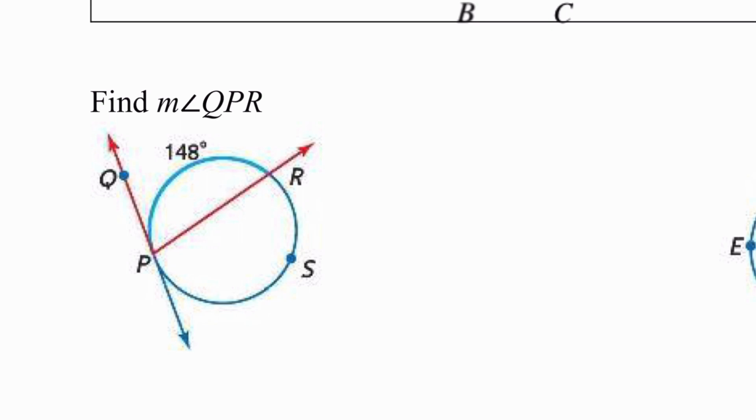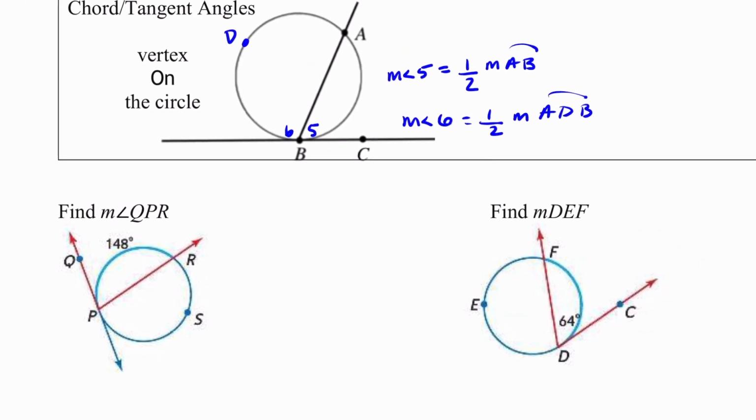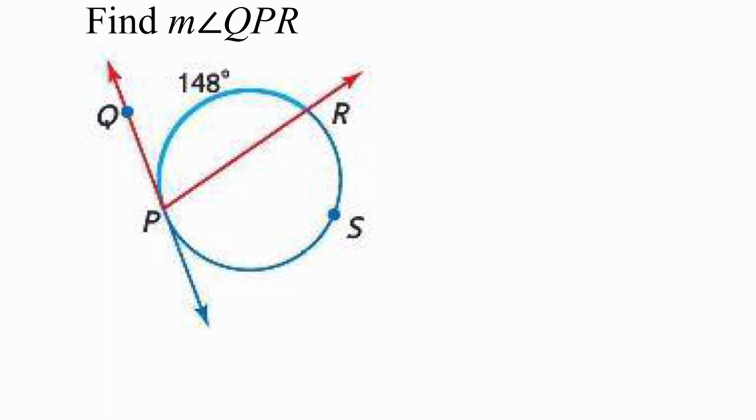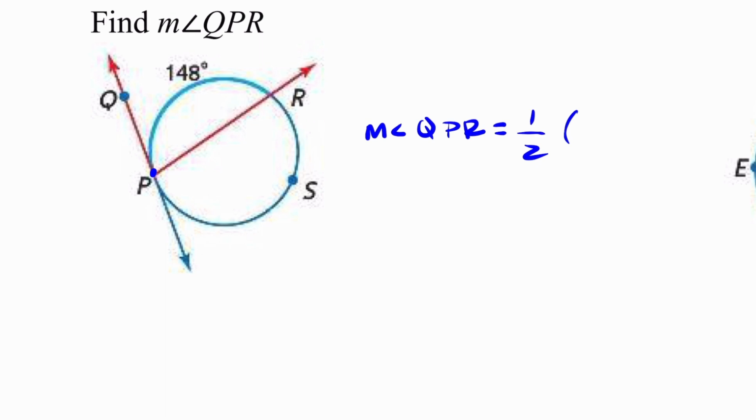Okay, so let's find this. We have a chord and tangent. The vertex is on the circle, and I'm trying to figure out the measure of angle QPR. So the vertex, again, is on the circle, so the measure of angle QPR is equal to 1/2 of the intercepted arc. What is that arc called? Measure of arc PR, let's see.